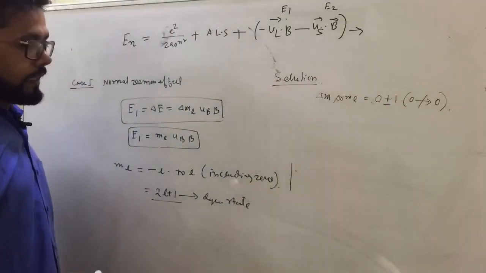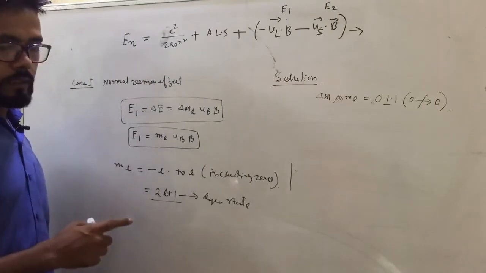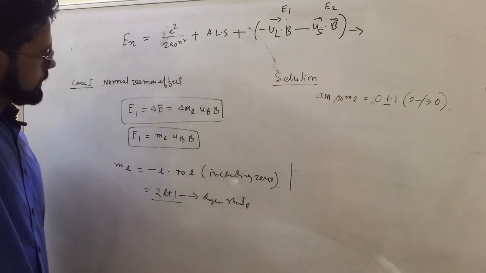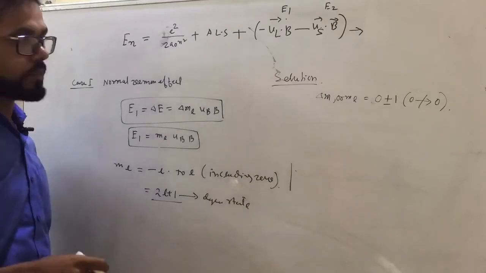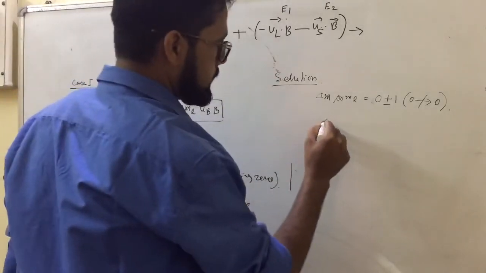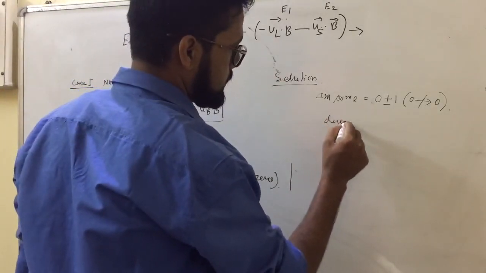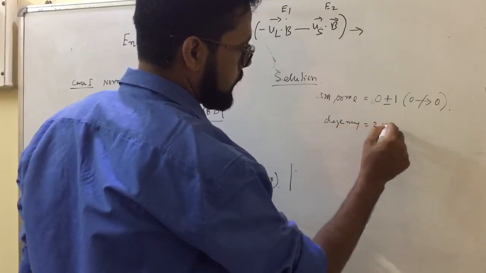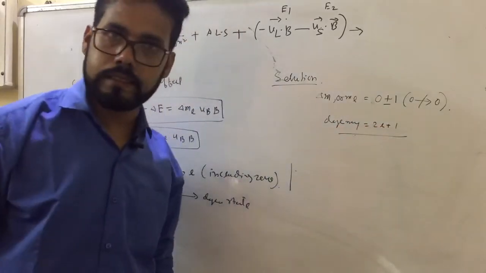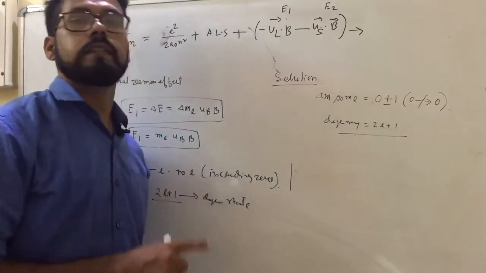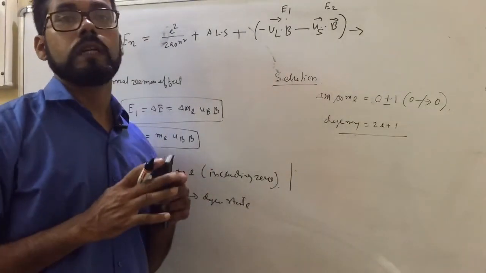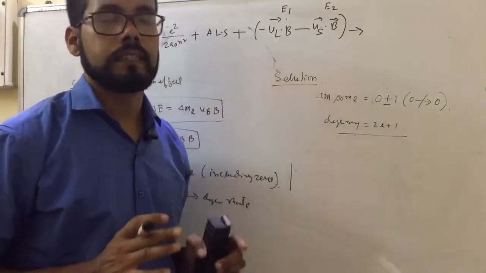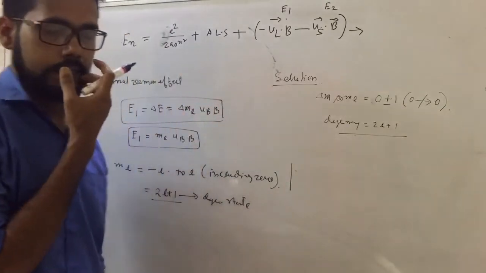And you see the energy levels under normal conditions shift equally. Degeneracy of twice L plus 1 means the level is split into equally spaced energy levels. That is known as the degeneracy.